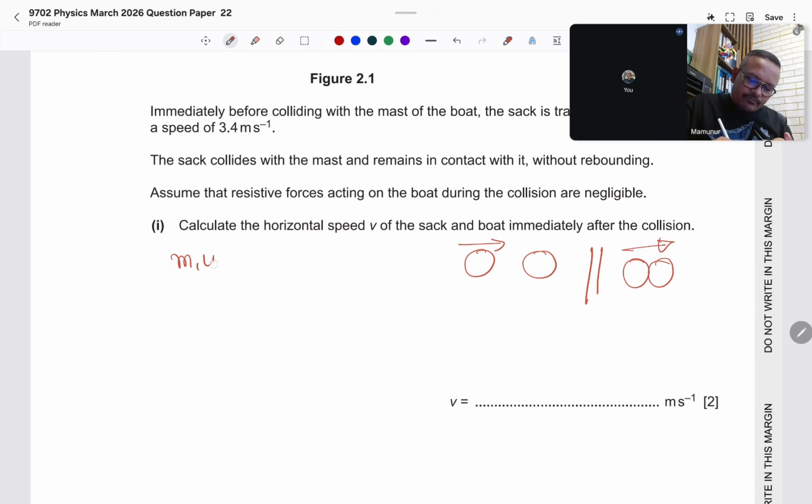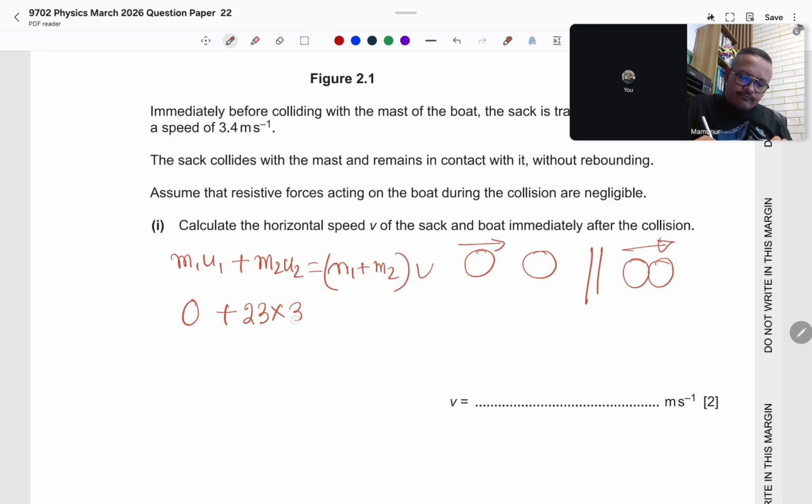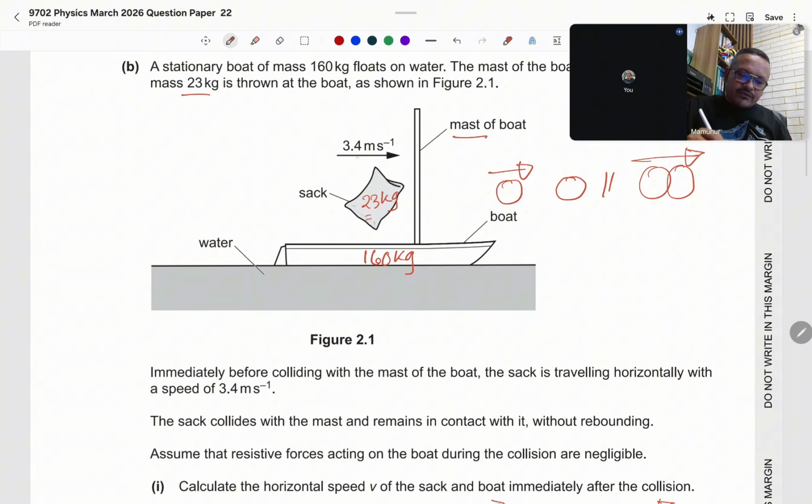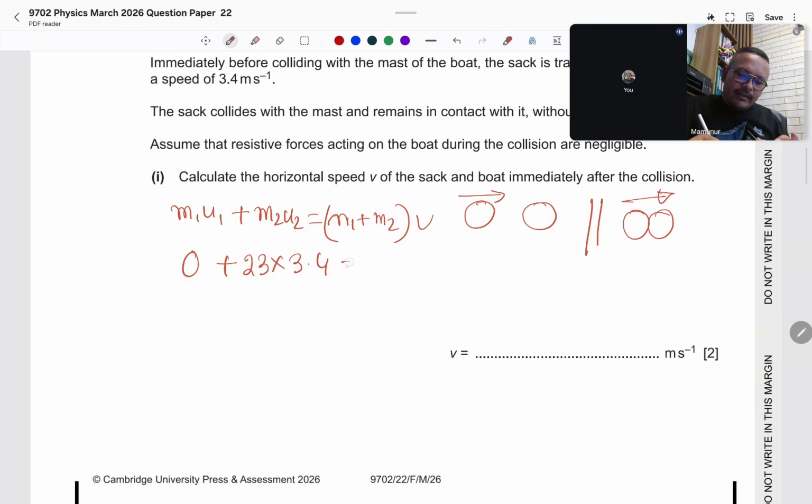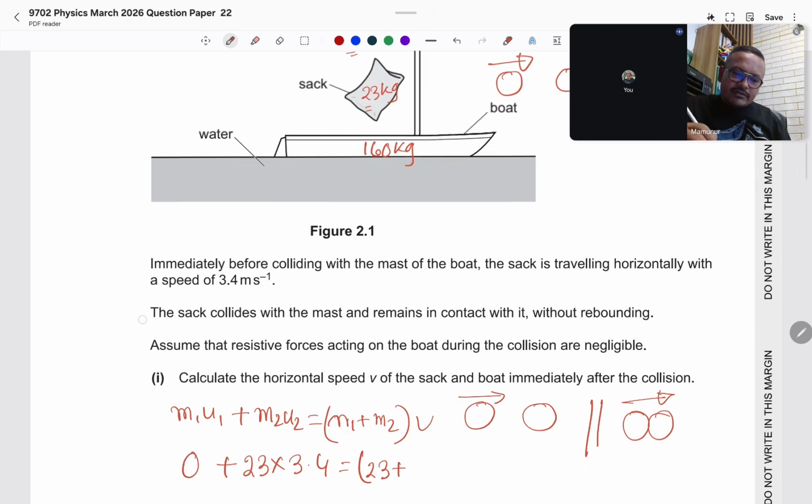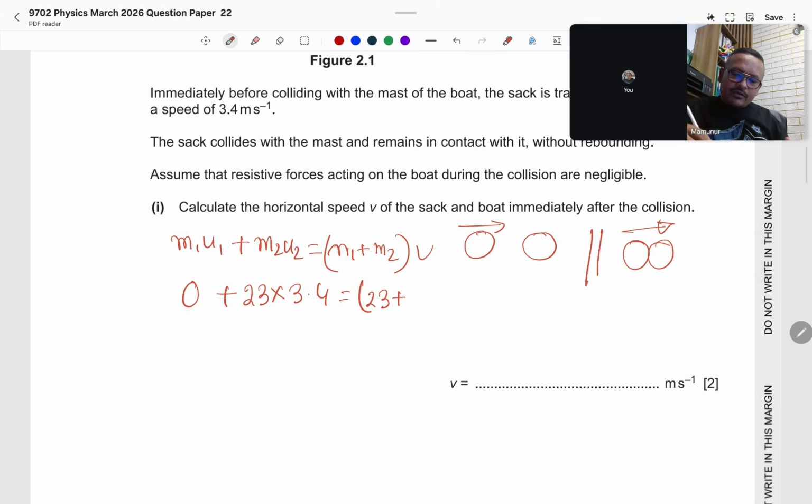So the equation is m1u1 plus m2u2, where m2u2 is 0, equals m1 plus m2 into v. So the boat was stationary, plus 23 into 3.4, equals 23 plus 160 into v.